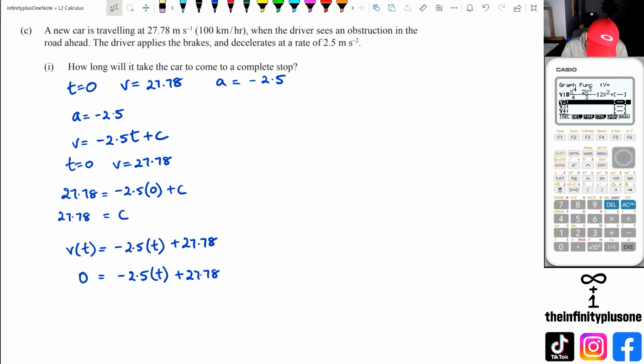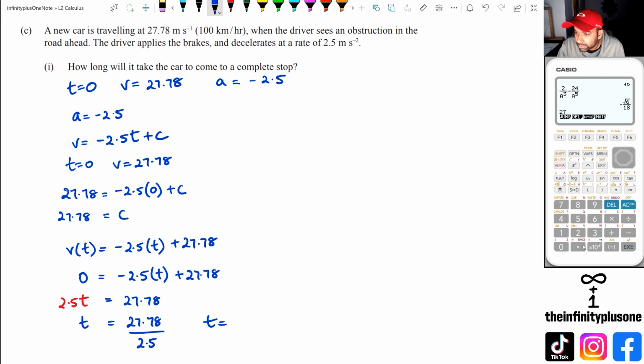Now rearranging this, I am going to get positive 2.5 t is equal to 27.78, and t is equal to 27.78 divided by 2.5. So that's going to give me about 11.11 seconds. So that's how long it's going to take for the car to come to a stop.